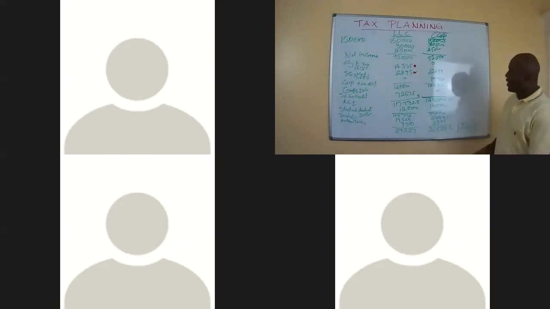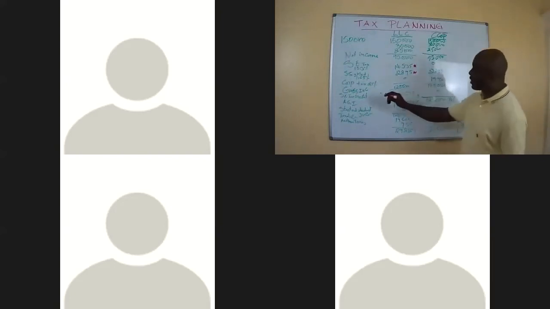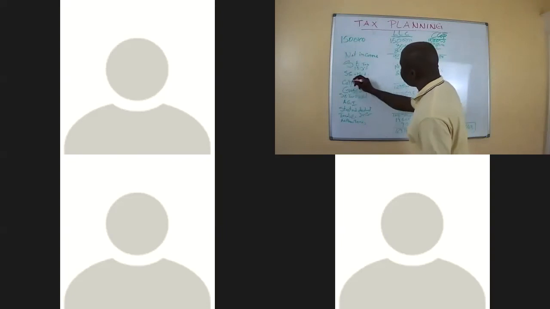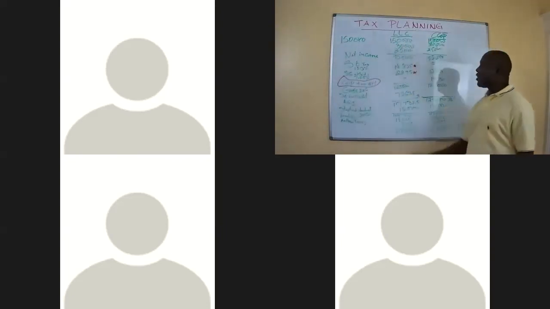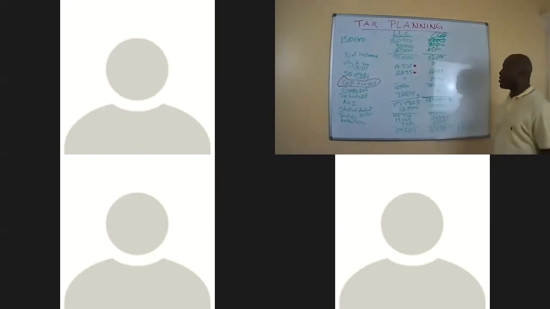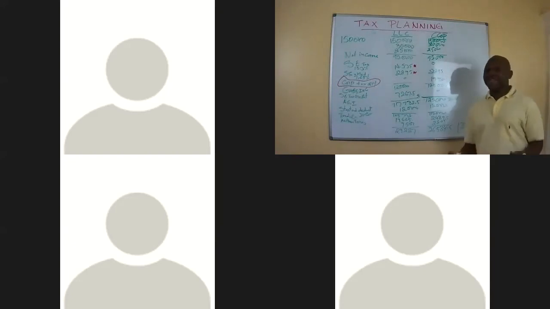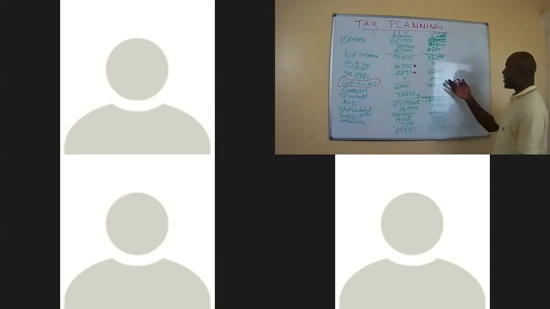Remember, guys, this is the corporate tax right here. You only pay corporate tax if you distribute this money, but distribute to whom? To yourself, right? So what if you didn't distribute the money, and you don't pay these taxes?